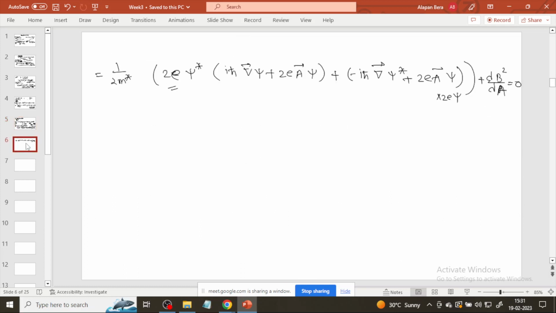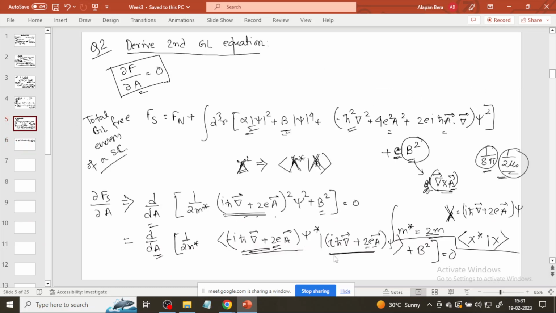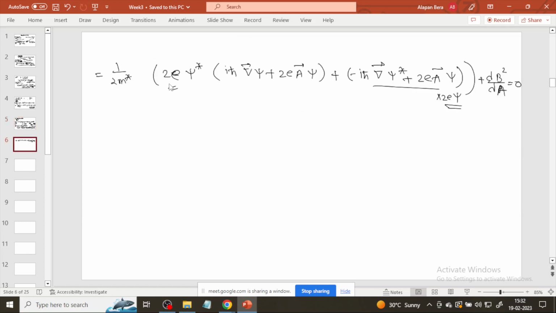And when we take the derivative of this other term with respect to A, we get 2e psi star times this term. So after taking the derivative with respect to A, we get this term and dB square by dA.